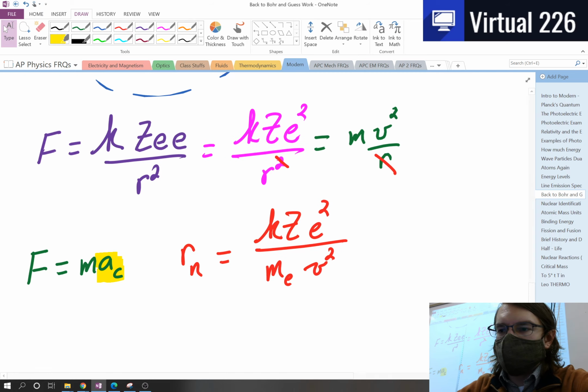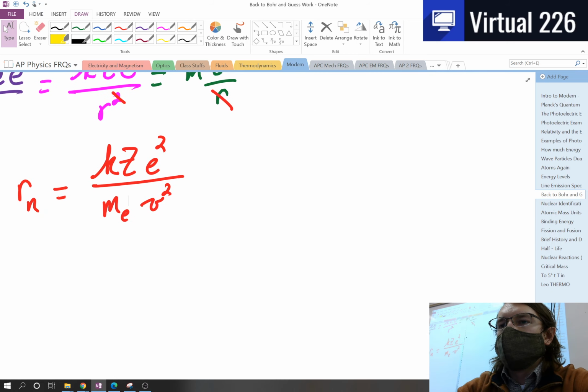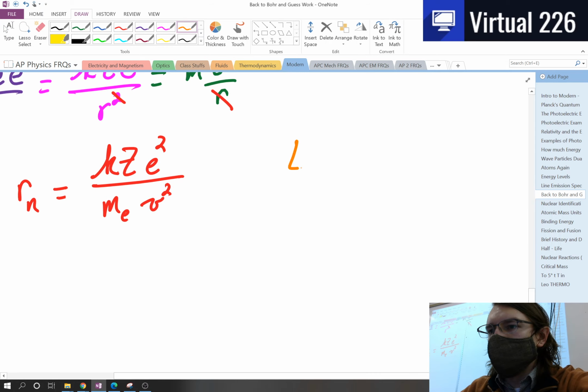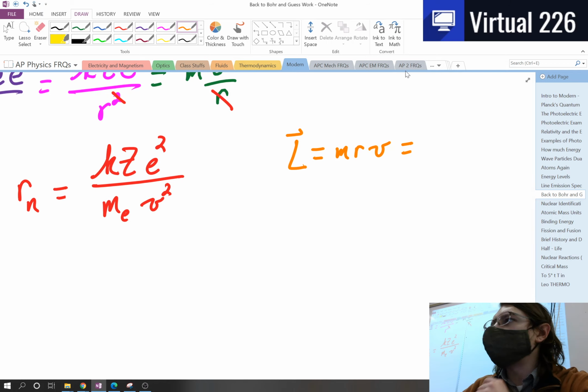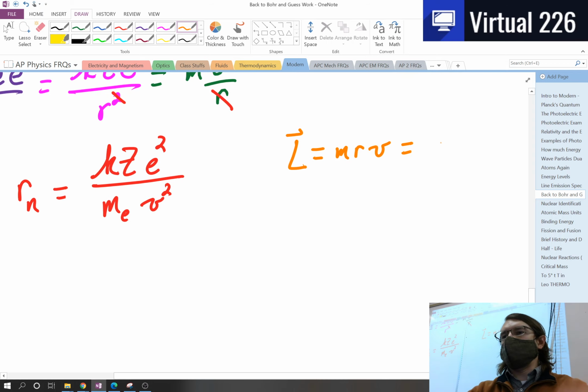Now, let's just do a little bit of fun math. Recall what we just wrote about angular momentum a moment ago. We said L equals m r v. And we also said, just kind of waving our hands around, that that's equal to n h bar.